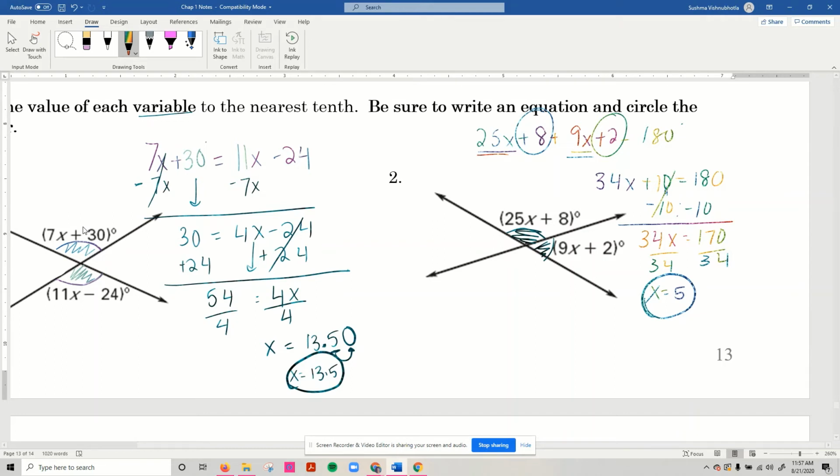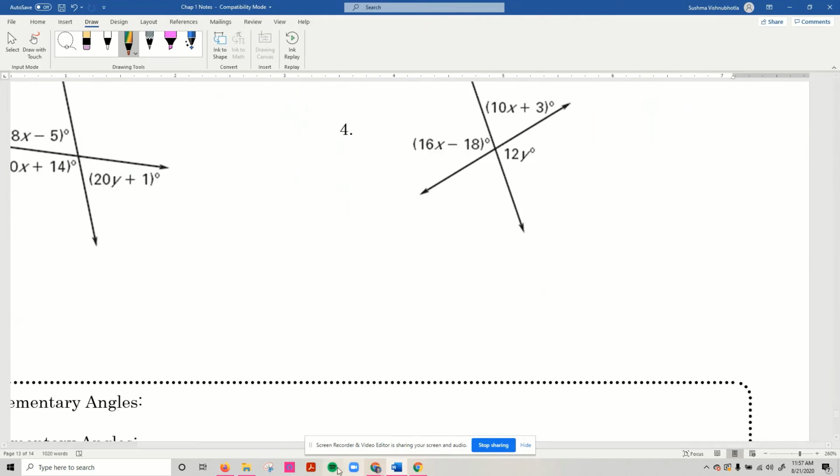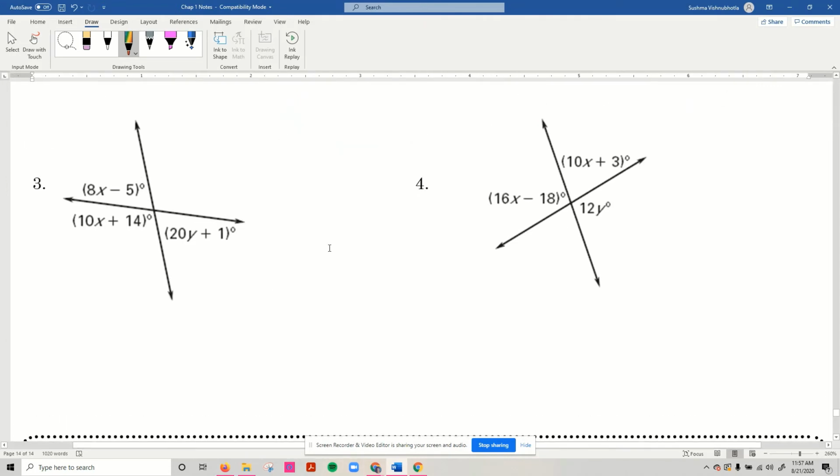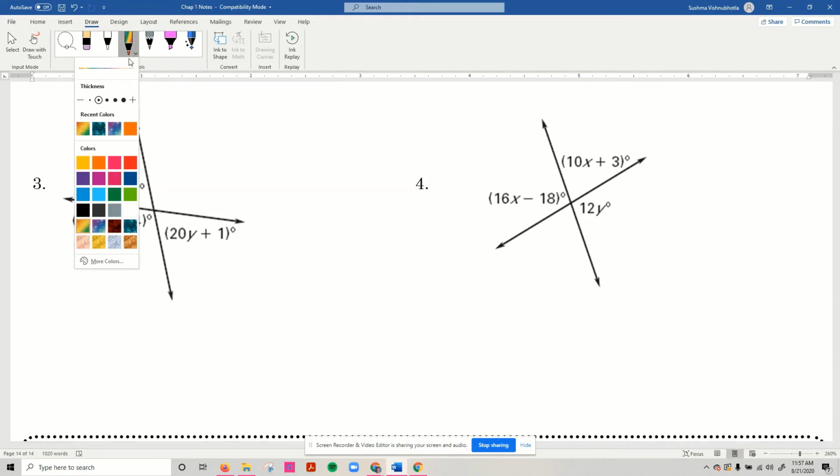Okay. All right, moving on. Now, when you have two unknown variables, you need to find the one first.